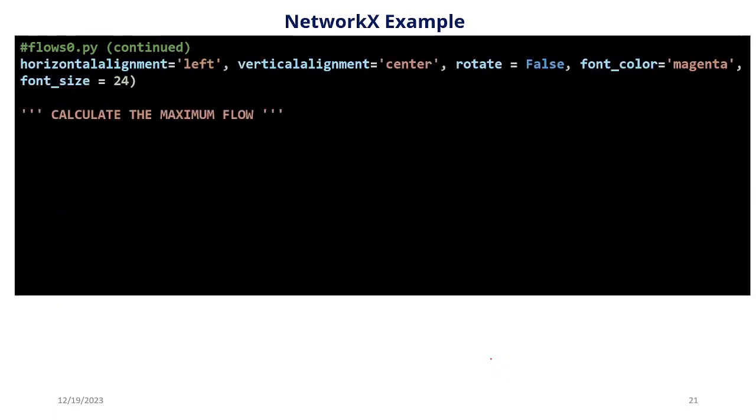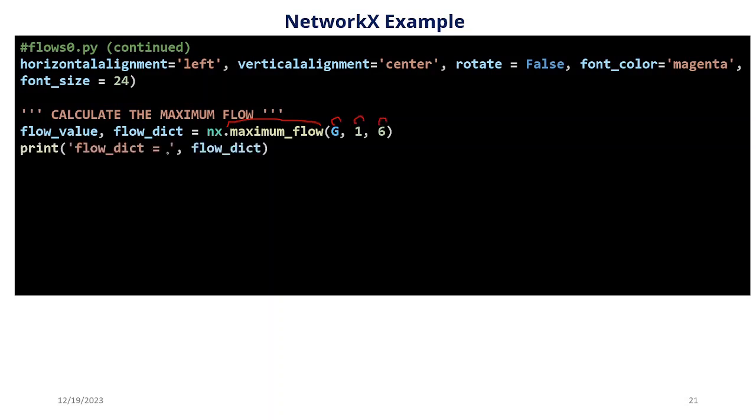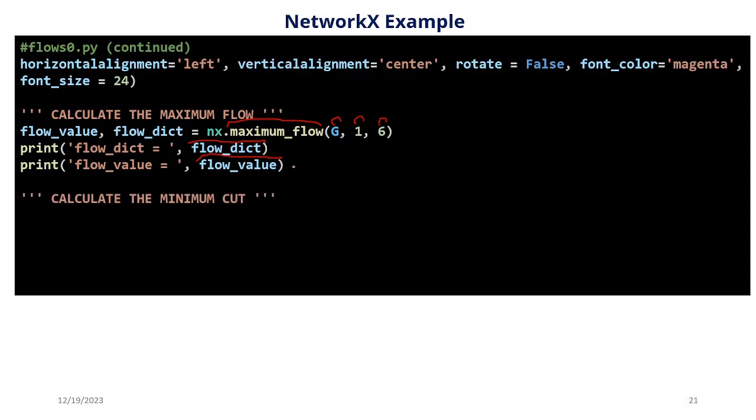So let's calculate the maximum flow. We use the NetworkX function max flow. Put the graph inside and source node, sink node, the flow dictionary, which is a parameter that is going to be returned, and the flow value, which is an integer value that will be returned, and we discover that it's actually 14, which we calculated.